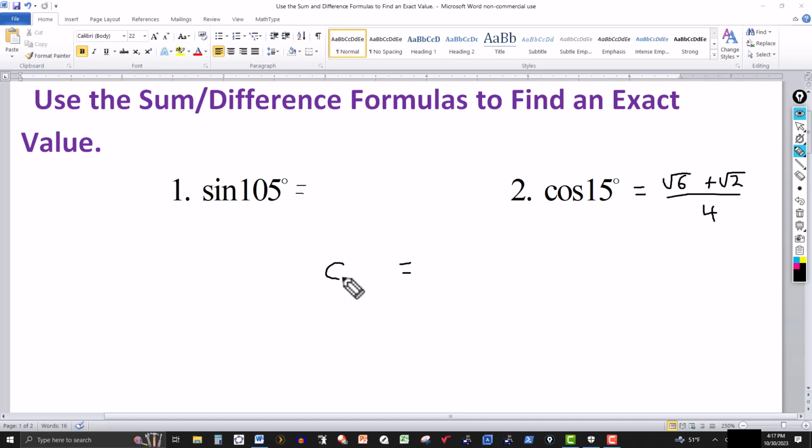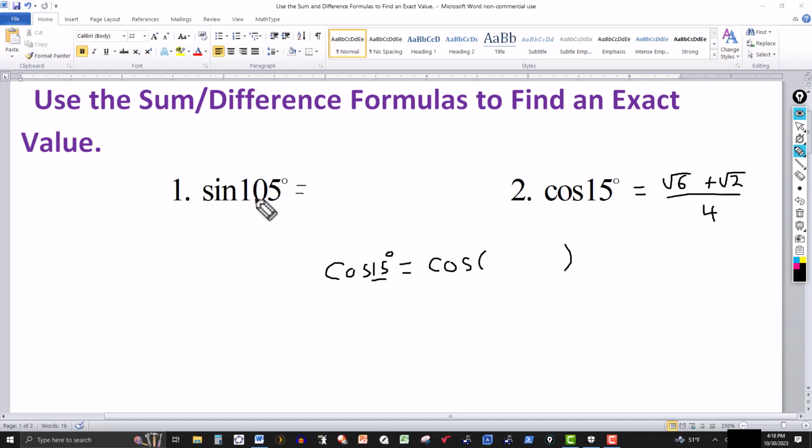So what we need to do in these types of problems, using those reference triangles that we went over, you can find exact values for trig function values of 45 degrees, 30 degrees, 60 degrees. So on this one then, I have the cosine of 15 degrees. I want to write this either as a sum or a difference of two angles that gives me the original.